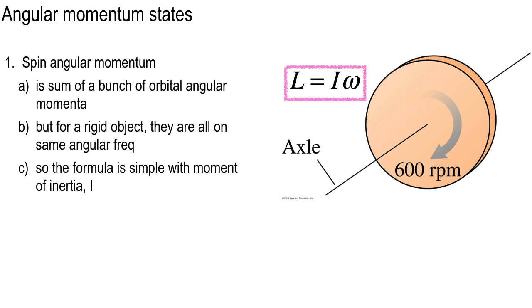Now here's an example that you've probably seen on television. You watch the Olympics, you see figure skaters, and a lot of times you'll see a figure skater start to go into a spin. And then when they bring their arms in, they really spin fast. Or if they start with their arms in and they bring their arms out, they extend their arm, or maybe even their leg, if they're really good, then they slow down.